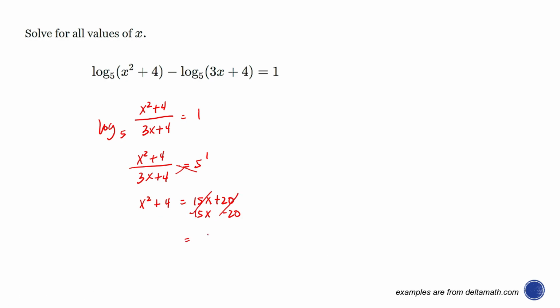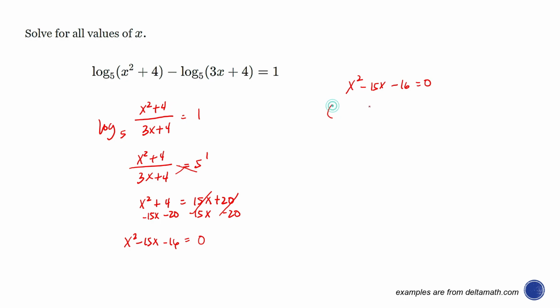I can cross that out, and this will be 0 now. So x squared minus 15x minus 16. So this is an easy quadratic equation that we can factorize.